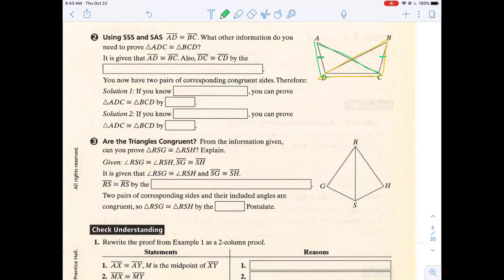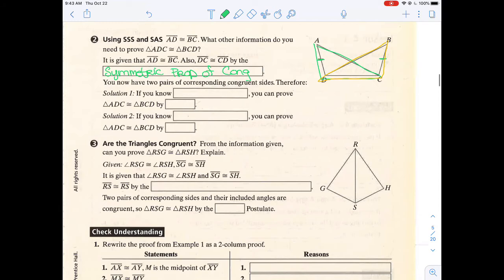It is given that AD is congruent to BC, so we know one side is the same. Also, side DC is congruent to side CD by the symmetric property of congruence, because it's DC equals CD.